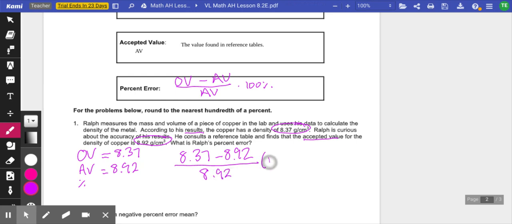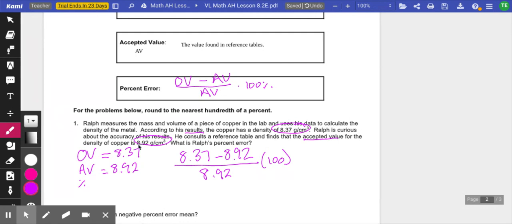And then when we're done, we multiply by 100. We don't worry that we're negative. A negative just means that he's lower than what was accepted. So what he measured is lower than what's in the reference table.